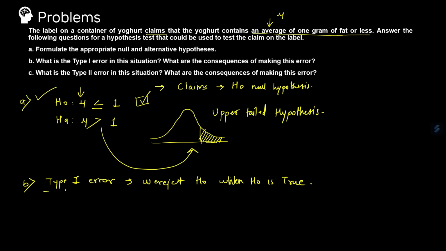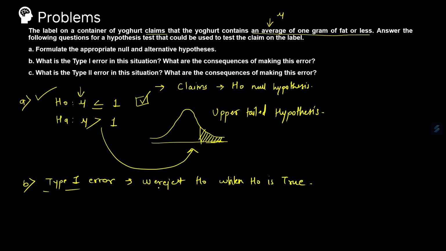So in this case, our type 1 error will be that the label on the container of yogurt claiming that the yogurt contains an average of 1 gram of fat or less is true, but we are rejecting it. We are stating that our null hypothesis is true, and at the same time we are rejecting it. This is the type 1 error.